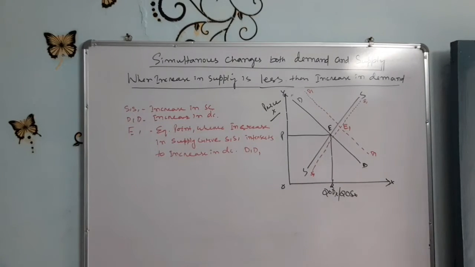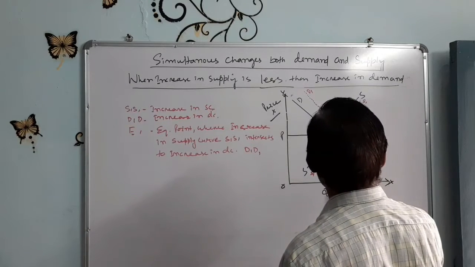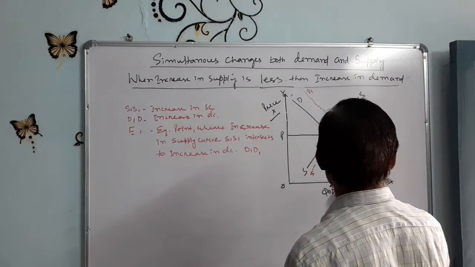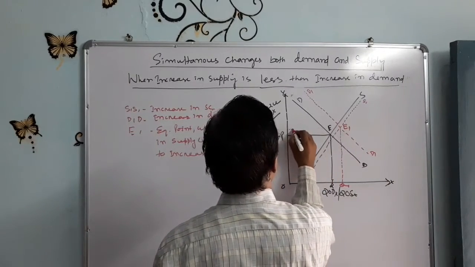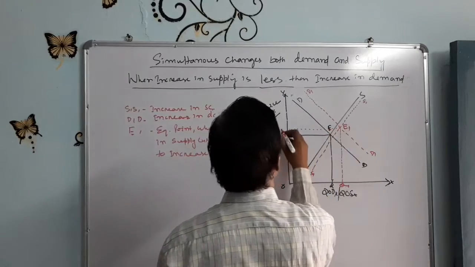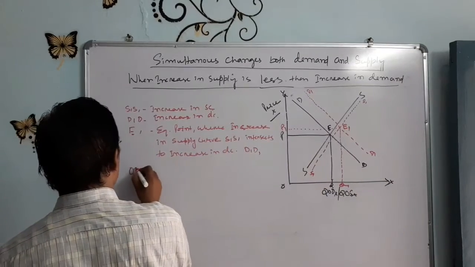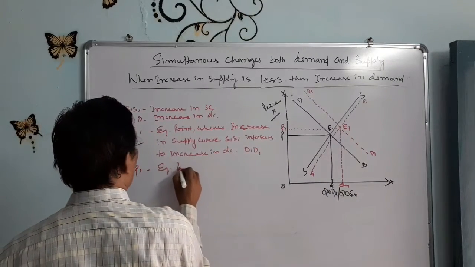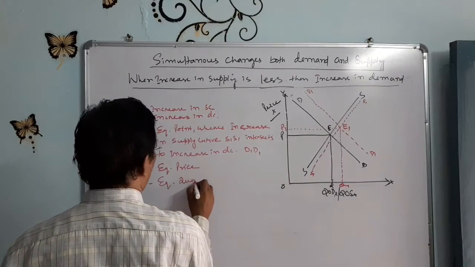So we draw a perpendicular line towards the x-axis and towards the y-axis. Where it intersects the x-axis, that is given as Q1, and where it intersects the y-axis, that is given as P1. So from this diagram, we can say that OP1 is the equilibrium price and OQ1 is the equilibrium quantity.